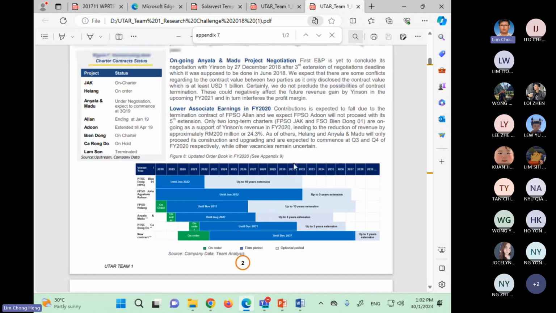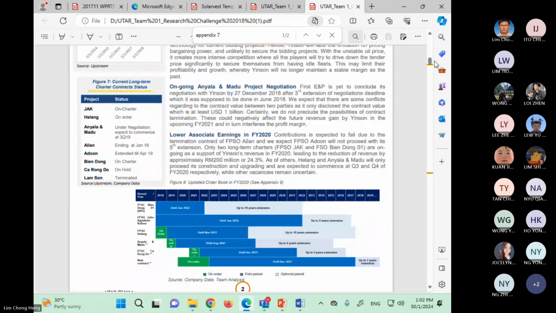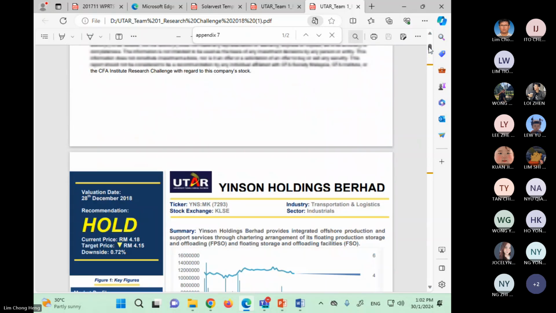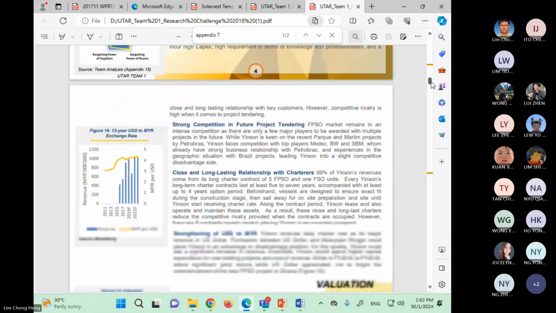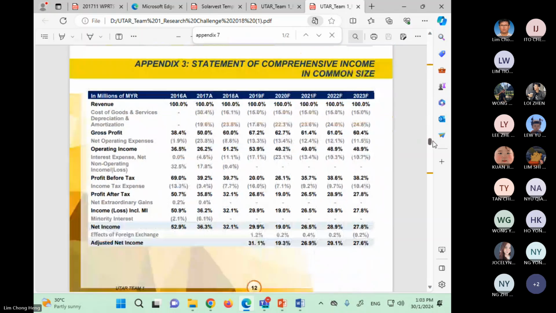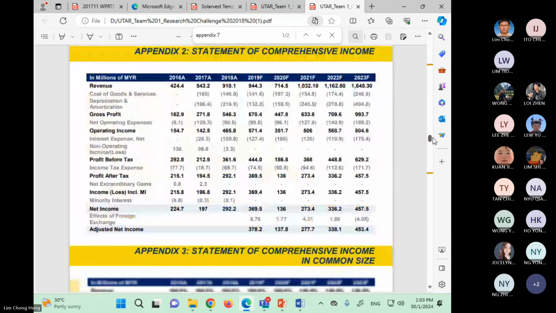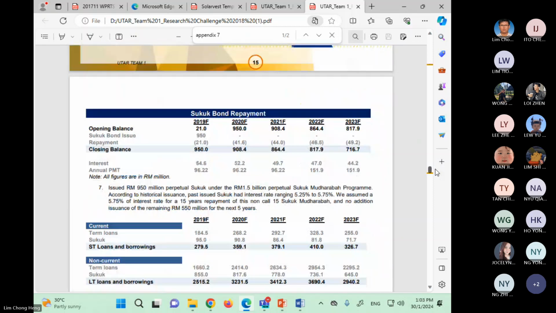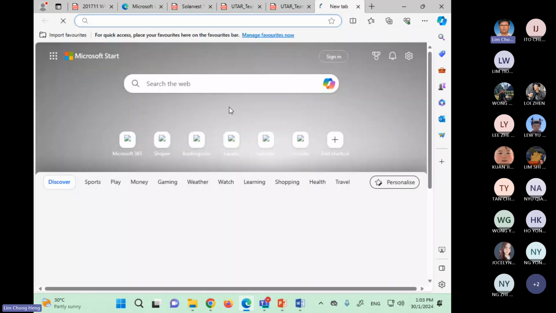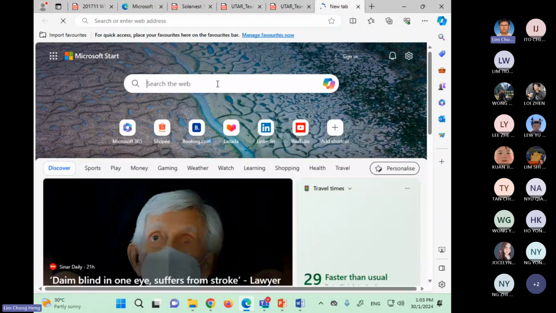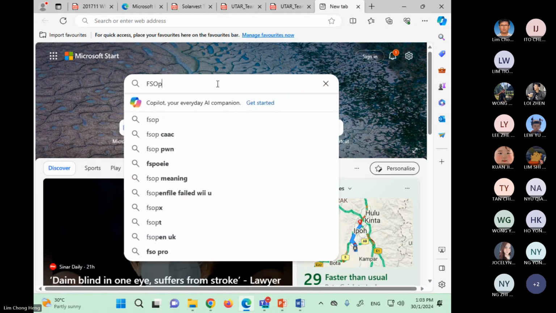Let me see if I have a picture or not. No picture.